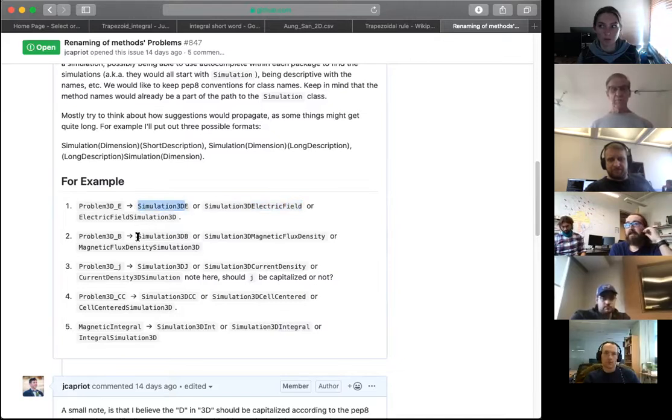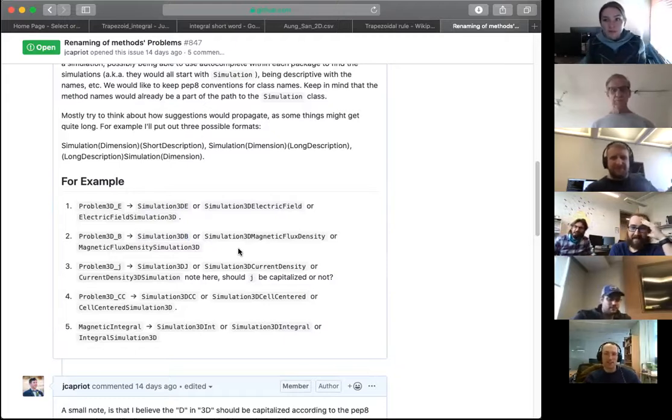I'm not sure. Okay, no, I have an opinion. I prefer the second choice, the longest one. I don't really care if it's long. People will use tab completion anyway. So I think the more English, the better. I'll second that for sure.